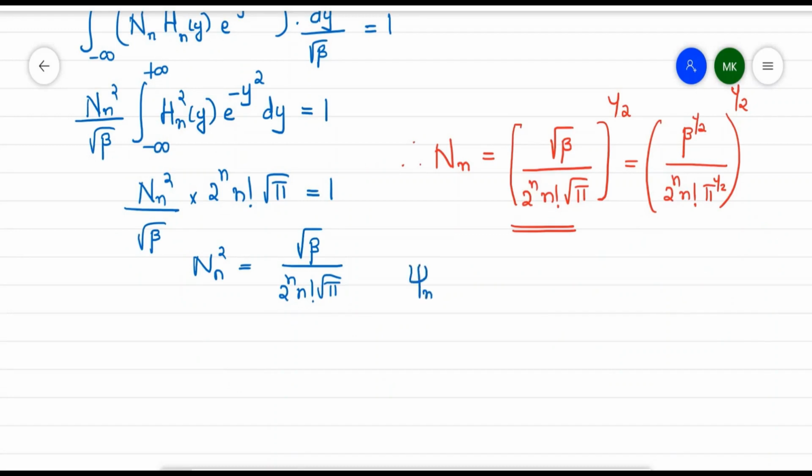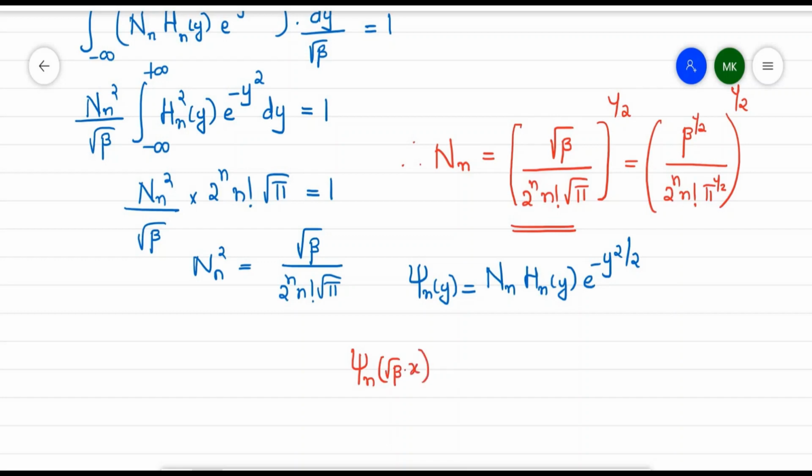Therefore, xi n of y equals Nn Hn of y e raised to minus y square by 2, and N is the normalization constant whose value is given as root beta by 2 raised to n, n factorial, root pi, the whole raised to 1 by 2. So this can also be written as xi n of, instead of y, root beta into x.